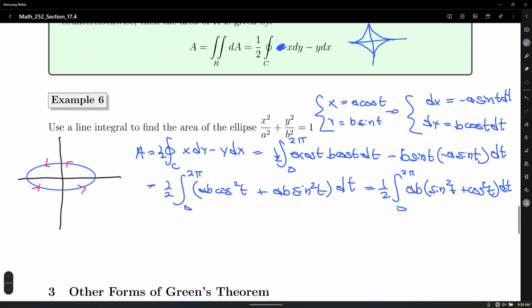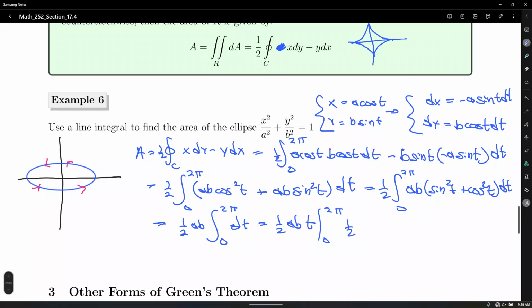Hey, sine squared plus cosine squared equals 1. a and b are constant, so I'm going to take those out of the integral. So that's 1/2 ab times the integral from 0 to 2 pi. Come on, this is really easy to evaluate. That's 1/2 ab t from 0 to 2 pi.